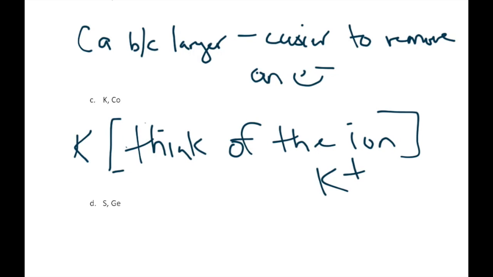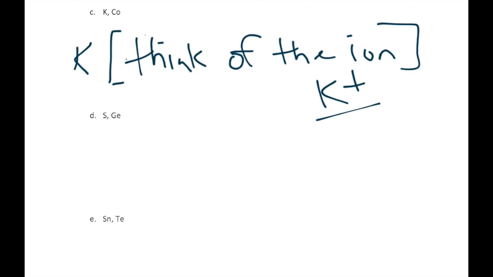K plus is how you always see it. So it's much easier to go to K plus than it is to take one electron off of cobalt. And you also know that because of the periodic trends.